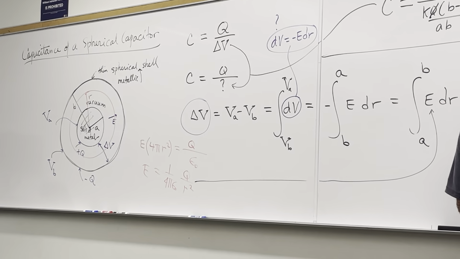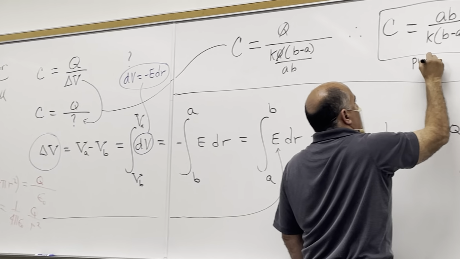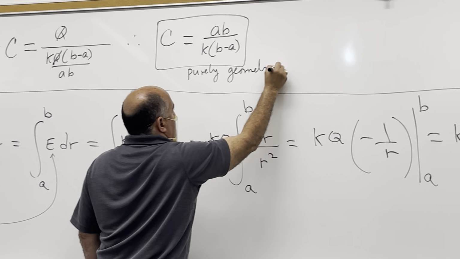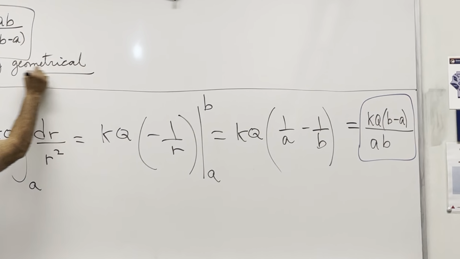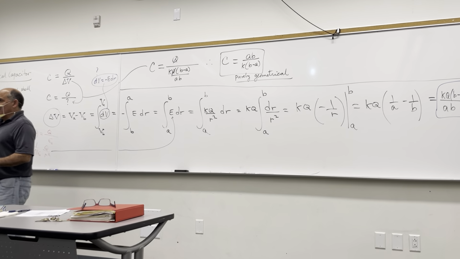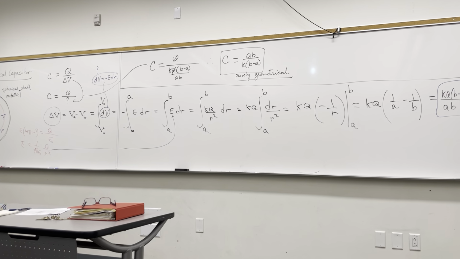Just, purely, geometry. And K, Coulomb's constant, is associated with epsilon naught, and that has to do with the vacuum that I put in here between these two plates.